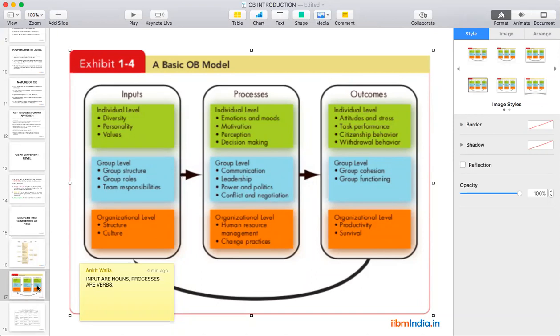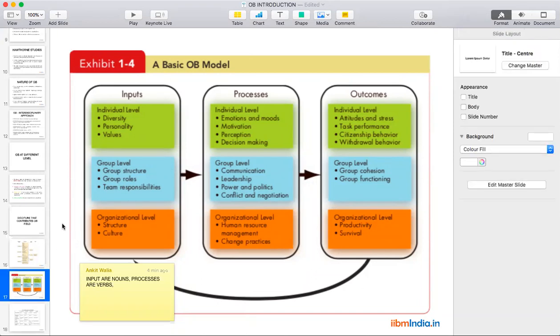Anyone else having any query in this OB model? Is it clear, everyone? Yes, sir. Thank you so much.